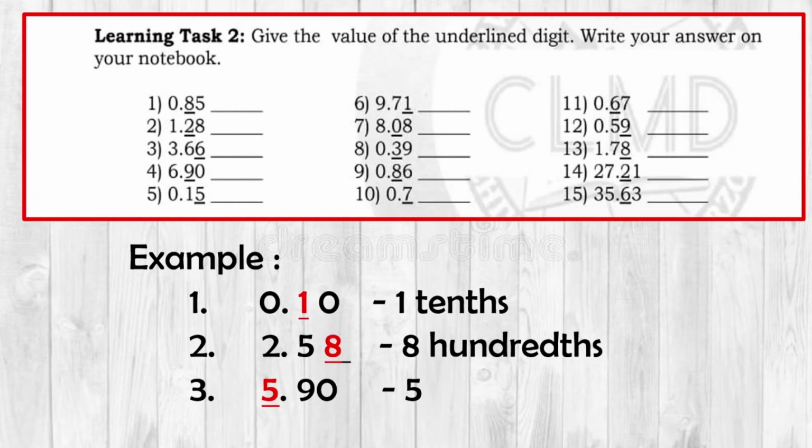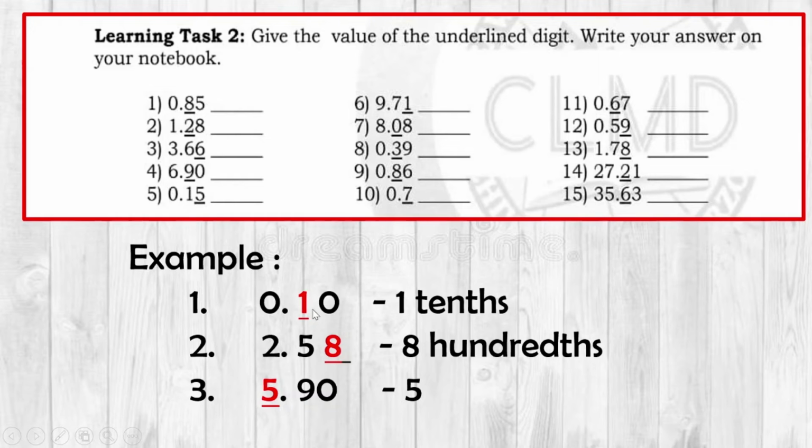Number 2, learning task number 2. Give the value of the underlined digit. Write your answer in your notebook. Ngayon naman, value. Kanina, place value. So, example natin. Again, meron akong 0.10. Now, yung underline number is 1. Now, what is the value of 1?